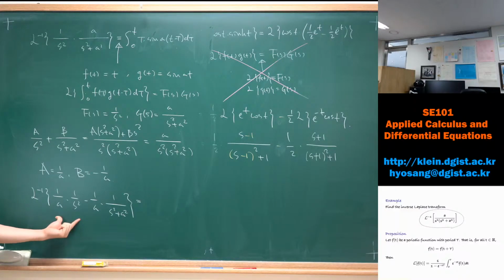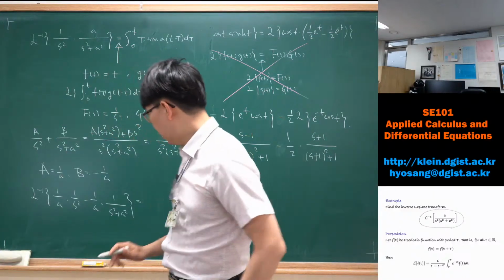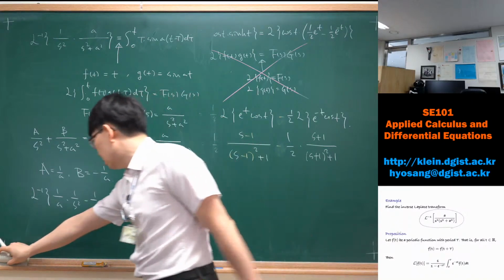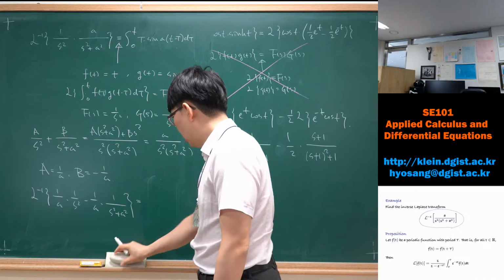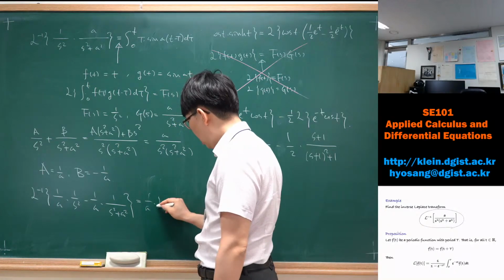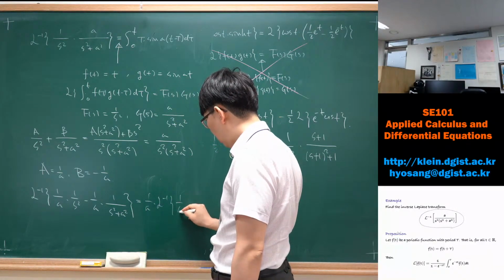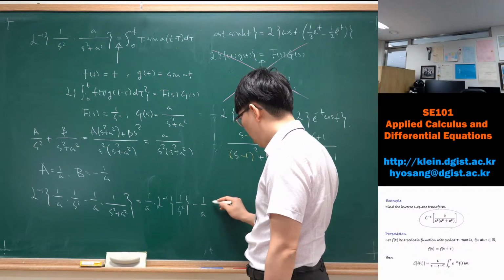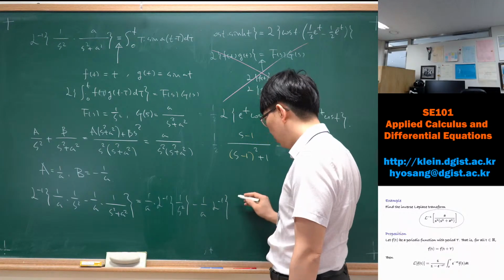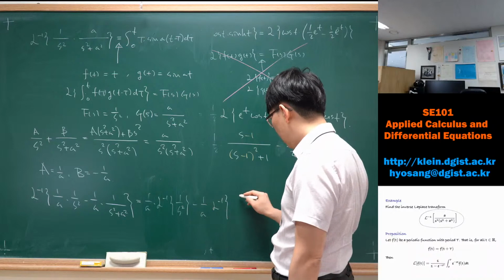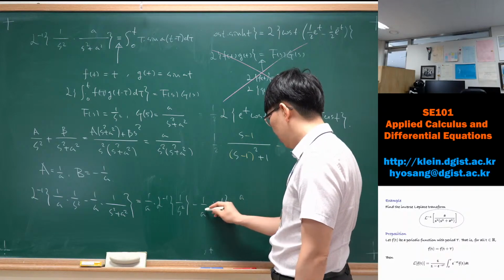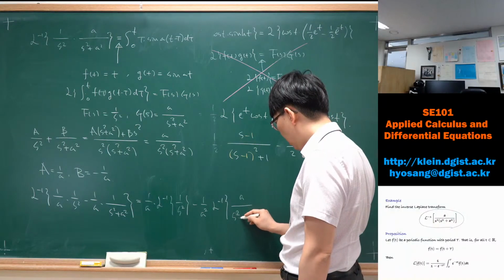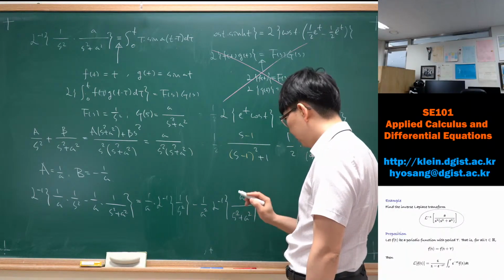And by linearity of the inverse Laplace transform, I can split this: 1 over a times inverse Laplace of 1 over s squared, minus 1 over a times inverse Laplace of, let's take a instead, so I put this a squared here, a squared plus a squared.